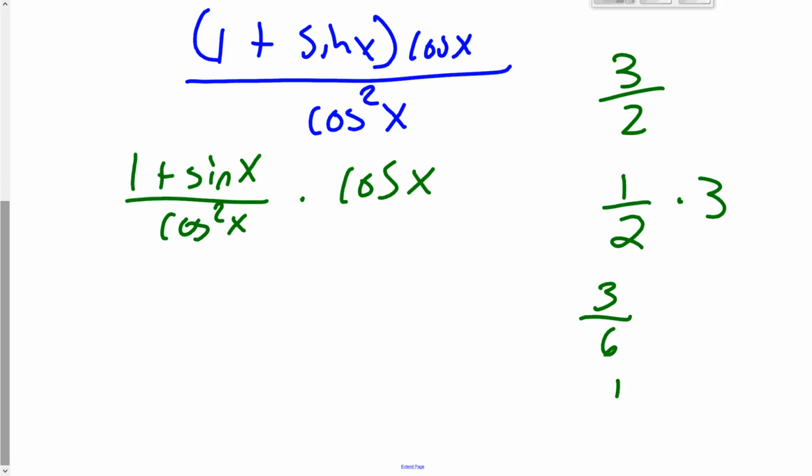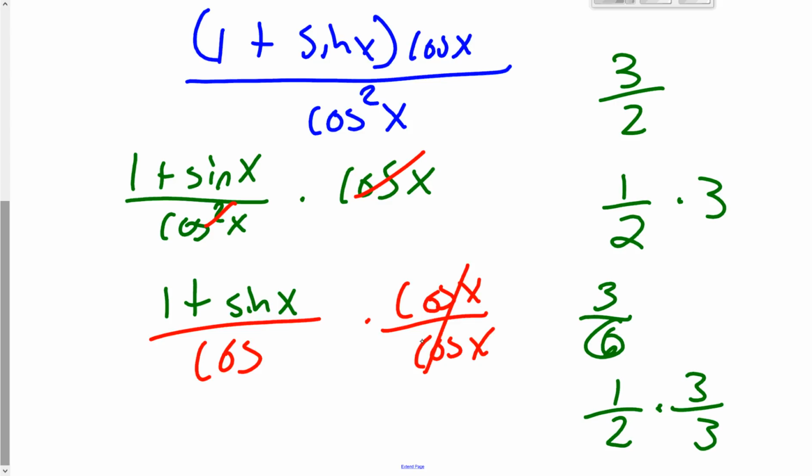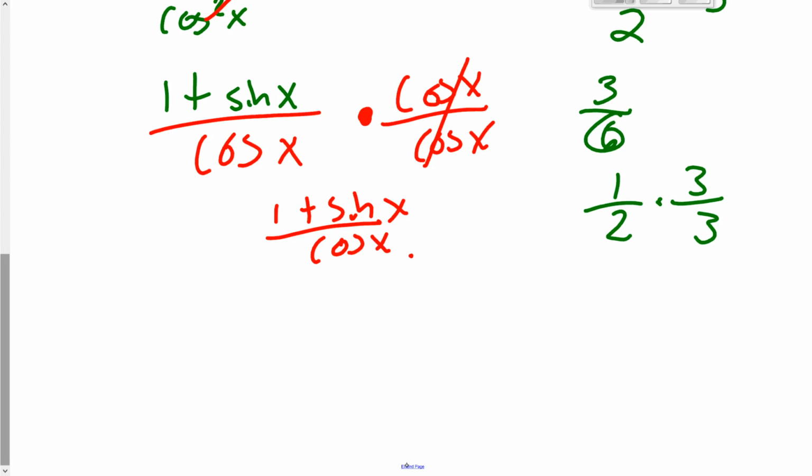I could separate that to 1 over 2 times 3 over 3, because 3 times 2 is 6, and 1 times 3 is 3. Or these are going to cancel out, right? One of those is going to cancel out because there's really 2 of them there. One's over here, and one's over here. So these will cancel out to 1, and then 1 times this is just 1 plus sine x over cosine x. Forgot my angle there. So left-hand side equals the right-hand side.